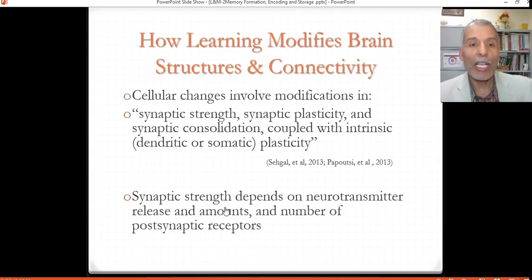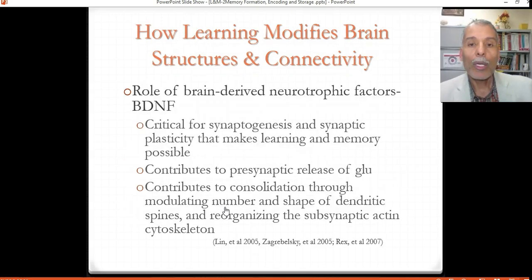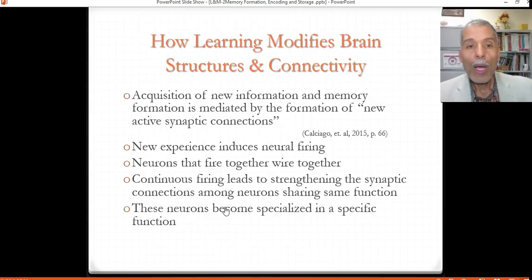You have bigger changes, in addition, that happen on the level of the network itself, on the circuit itself. It will be modified. So acquisition of new information and memory formation is modified by the formation of new active synaptic connections.